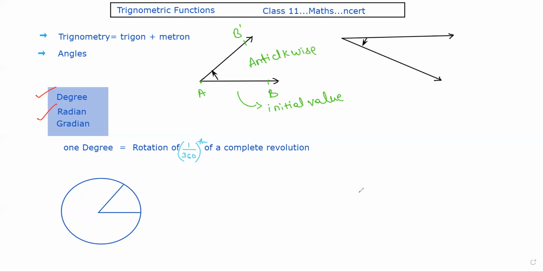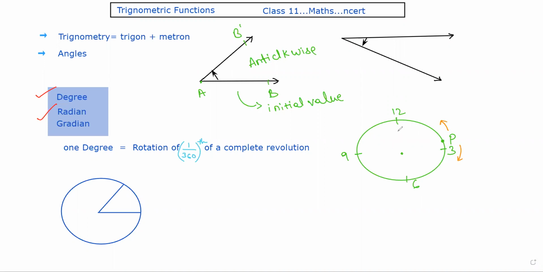Let's draw a circle representing a clock, and put numbers on it as we have on a clock. If a person is standing anywhere on the circle, let's say at this point P, there are two options. Either the person can move in this direction or in this direction.